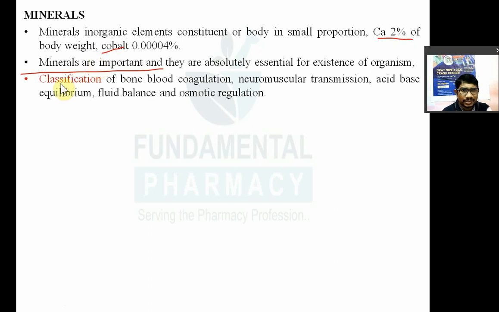So they are important and absolutely essential for the existence of your organism. For example, calcium is required for the calcification of bone. Calcium is also required for blood coagulation. Sodium, calcium, potassium, and chloride are required for neuromuscular transmission. You have seen that for a signal to pass from one neuron to another, there is an exchange of ions there: depolarization, repolarization, then hyperpolarization. That is only because of the movement of sodium, potassium, calcium, or chloride.